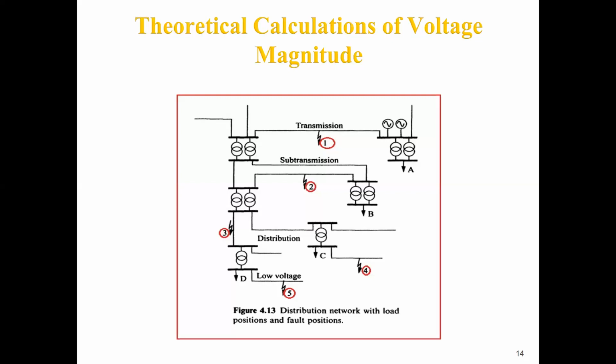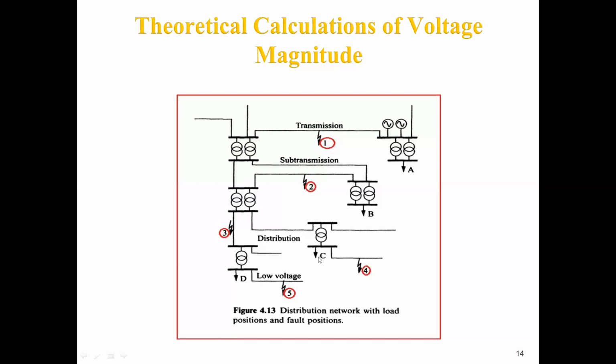When the fault is at position 3, this will cause a deep sag for customer D, followed by short or long interruptions after clearing of the fault. That means when the protective devices are clearing the fault, once the fault is cleared, it is followed by short interruptions or long interruptions.